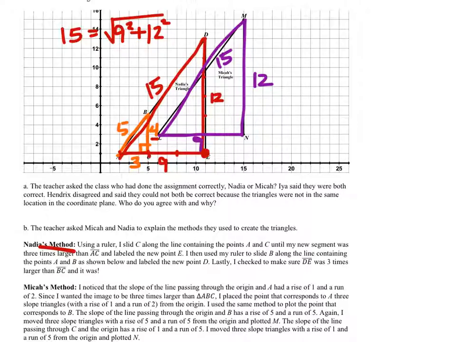What did he do? I noticed the slope of the line passing through the origin and A, so let's look at this. The slope going from the origin to A had a rise of 1 and a run of 2 to the right.